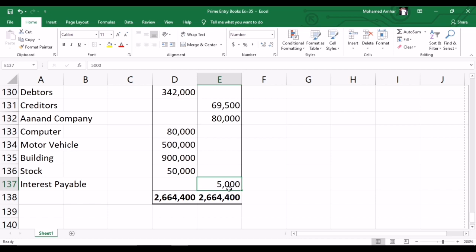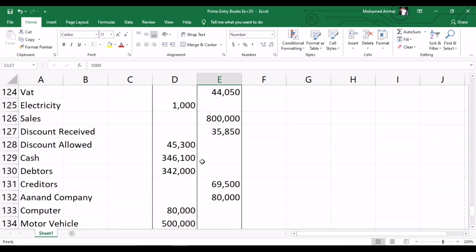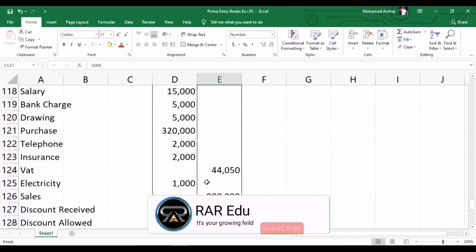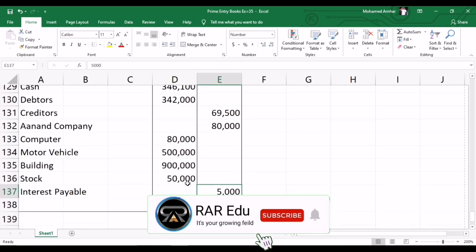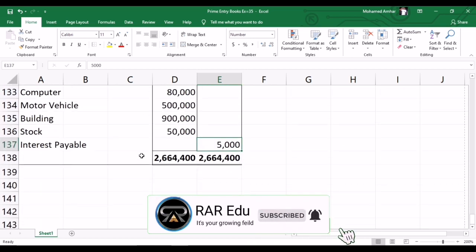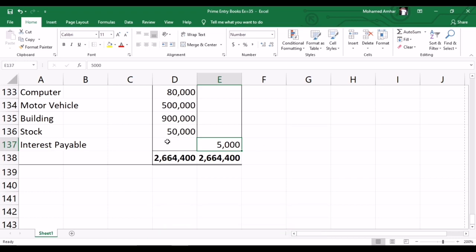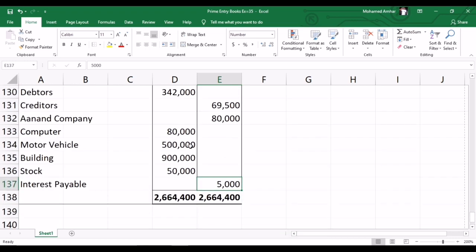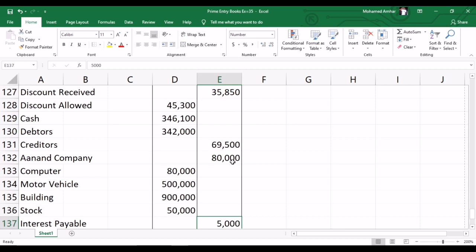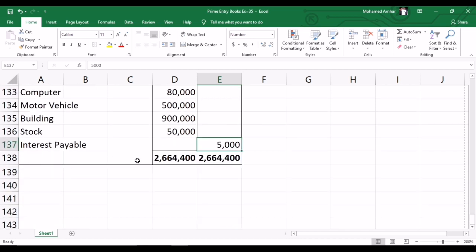As we record all transactions in one account debit side and in another account credit side, the trial balance should balance. Okay, right. Now I am going to wind up this lesson. It is balancing in the amount of 2,664,400.